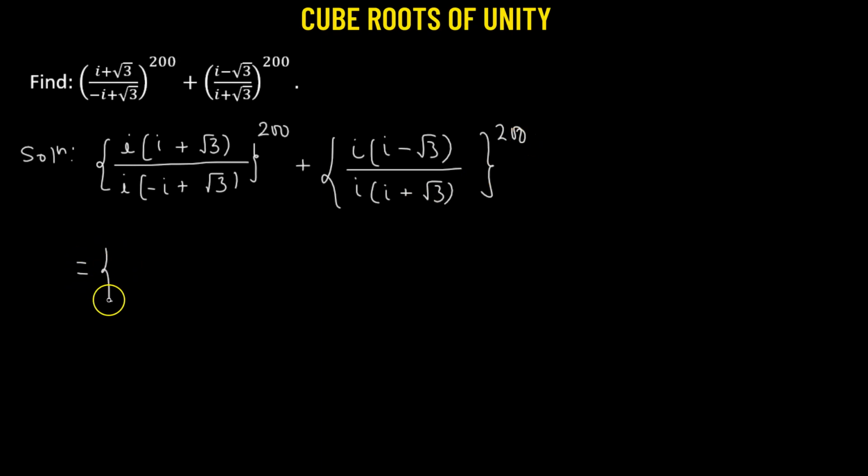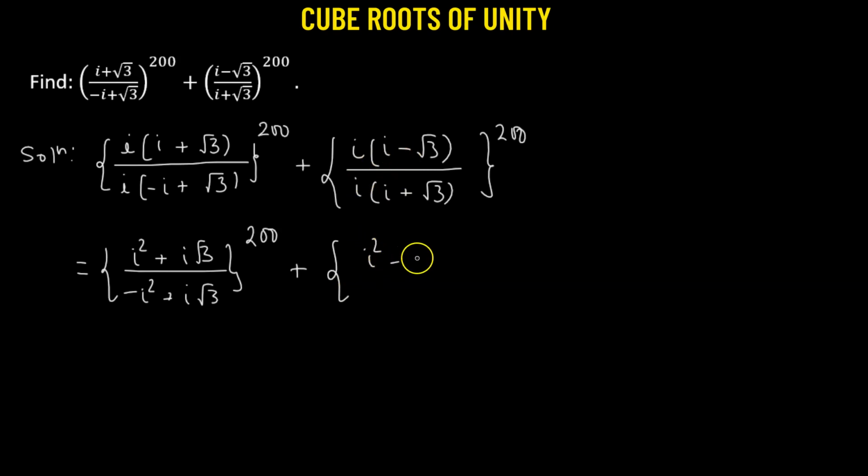So this is going to give us i squared plus i times square root of 3 divided by negative i squared plus i times square root of 3, whole raised to the power of 200. Plus we have i times i, so that's i squared, i squared minus i times square root of 3 divided by i squared plus i times square root of 3, whole raised to the power of 200.